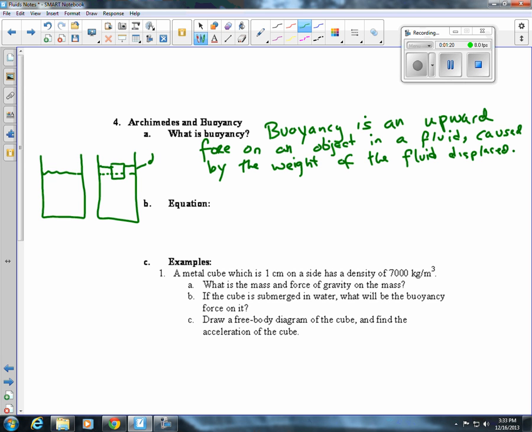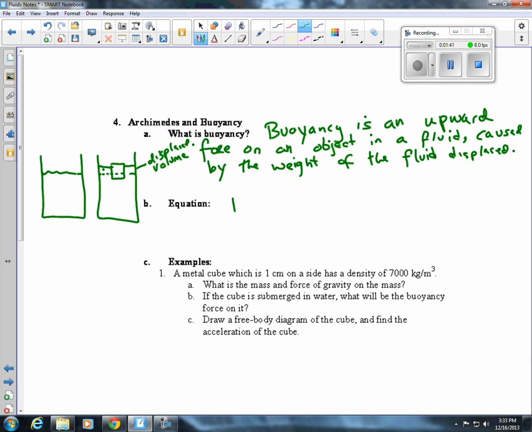So this is the displaced volume. And the weight of that water is going to push back down, which will push up on the block that's floating in the water.